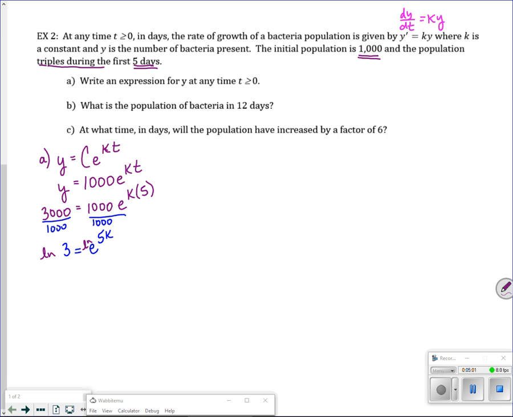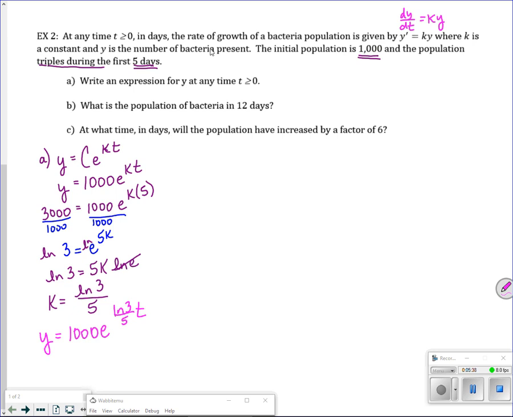So I would have natural log of 3 is equal to 5k natural log of e. Of course, the natural log of e goes away. So I get k to be the natural log of 3 over 5. So what's my equation? My equation is y equals 1,000 e to the natural log of 3 over 5 times t. And that's the exact answer.